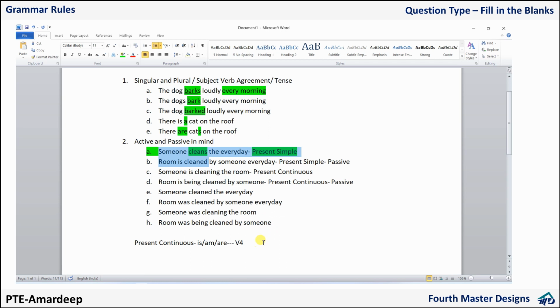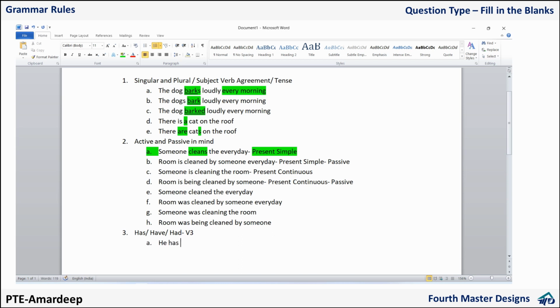So keep your active and passive in mind, and then guys keep your basic helping verbs in mind. With has, have, had, you have the third form of the verb, V3. Keep this in mind.